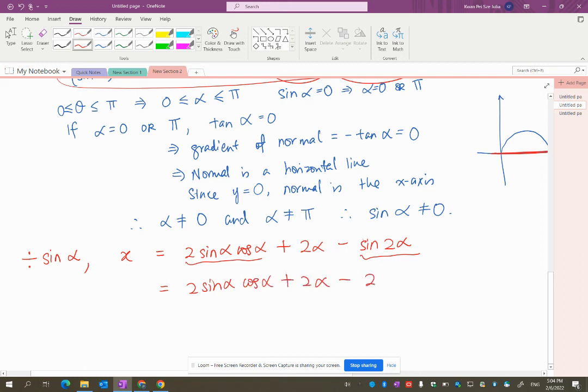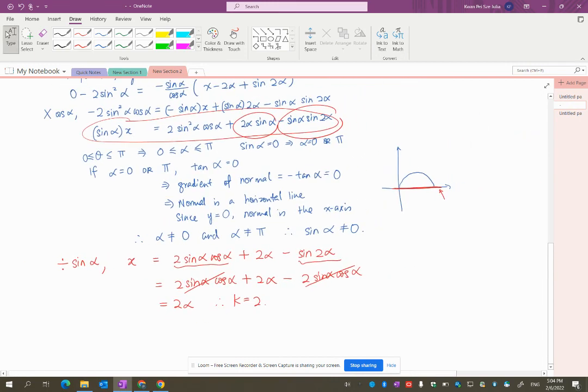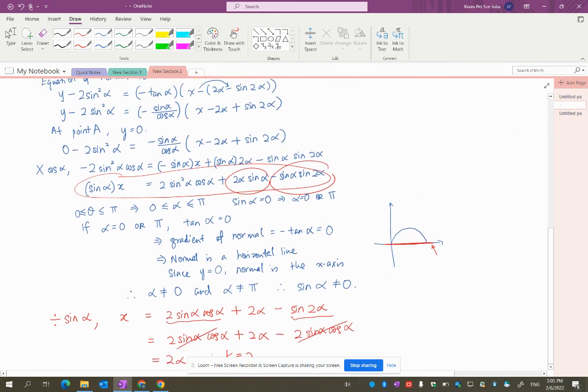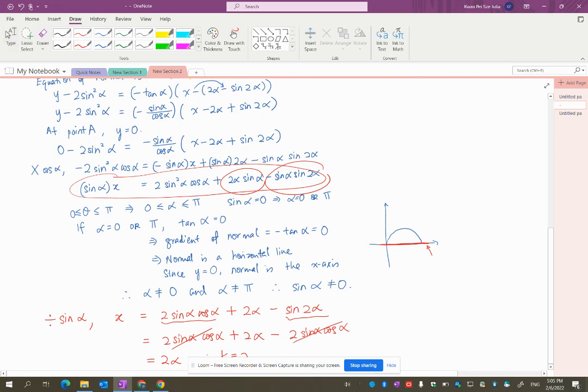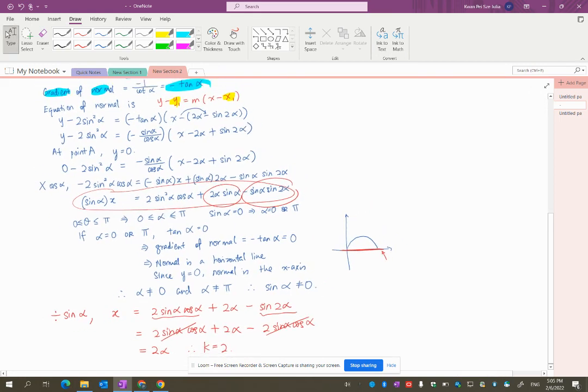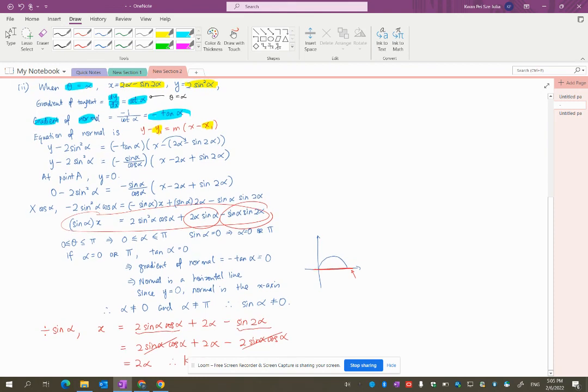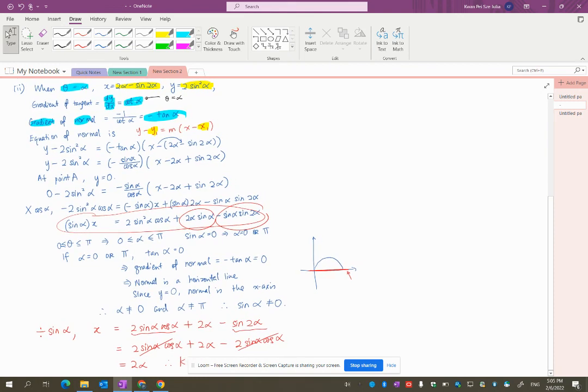This is the double angle formula, 2 sine alpha cos alpha. So finally, this is equal to 2 alpha. Therefore, k is 2, shown.